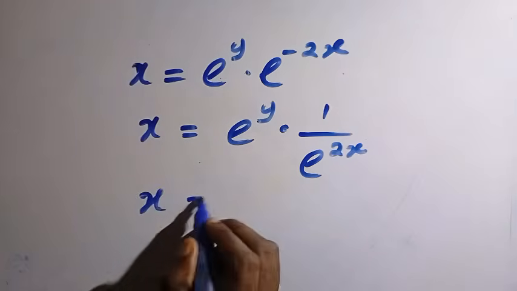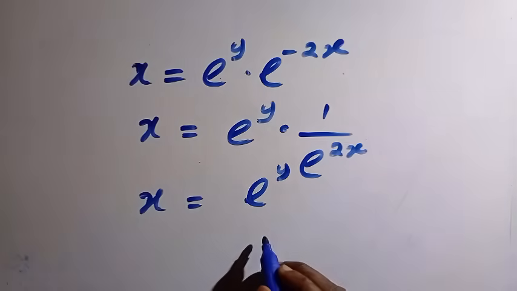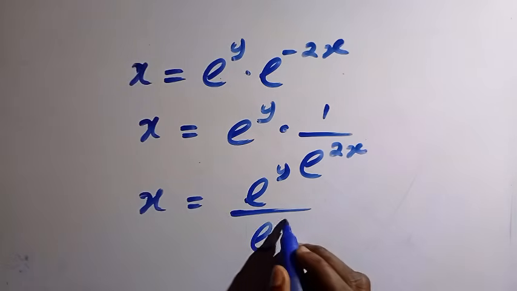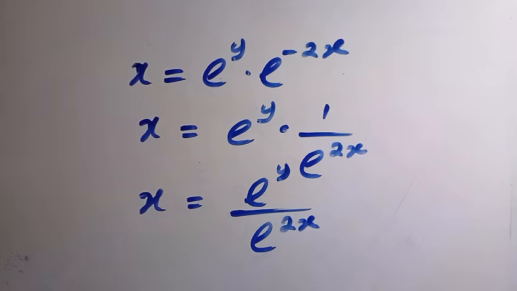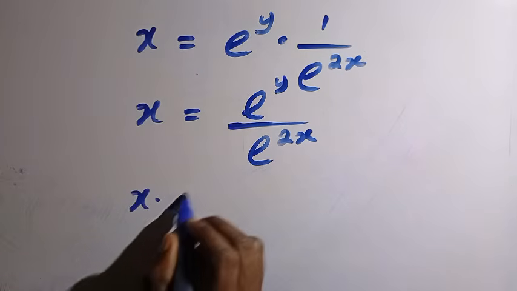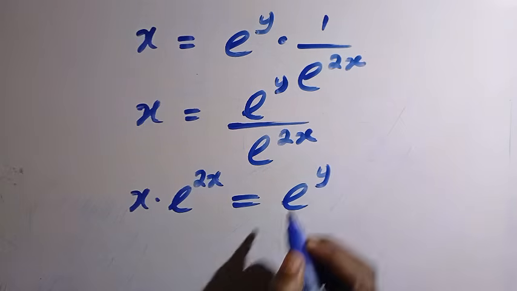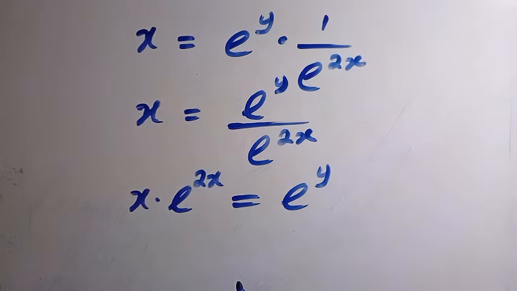So here we have x equals exponential y divided by exponential of 2x. If I cross multiply, we have x multiplied by exponential of 2x equals exponential of y.